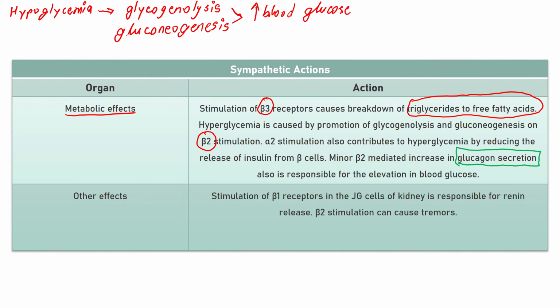You all know glucagon is responsible for tackling hypoglycemic situations. Now the alpha 2 receptor is also present here. Alpha 2 will also contribute to hyperglycemia by reducing the release of insulin.